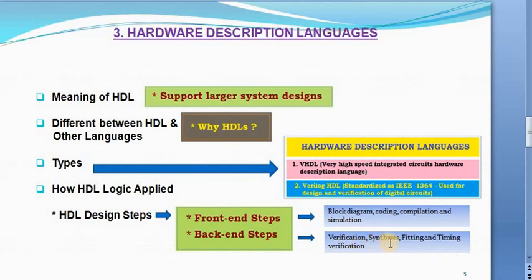The next part, synthesis, converts the HDL description into a set of components that can be assembled, and the fitting uses fitter maps for the synthesis, which are used in the HDL code.